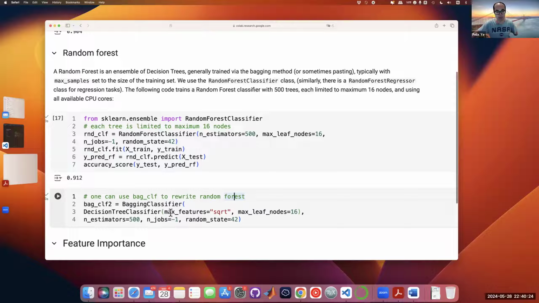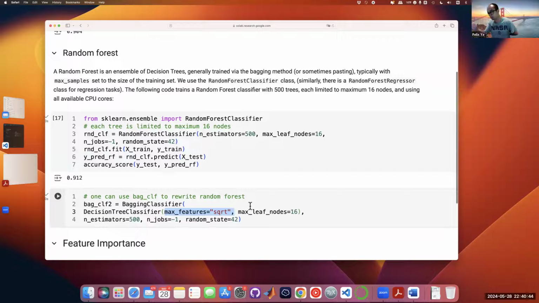The difference here is that in this random forest, we are taking only partial features, right? In theory, the random forest only takes about the square root of the number of features.